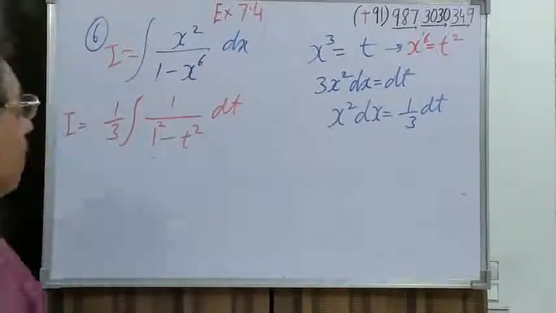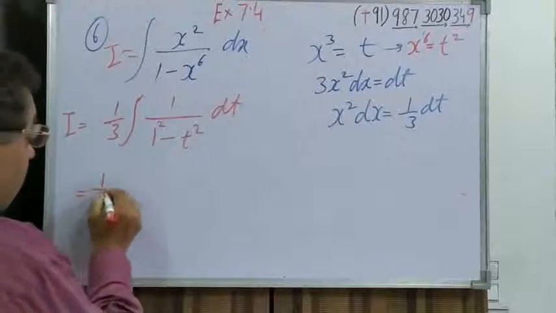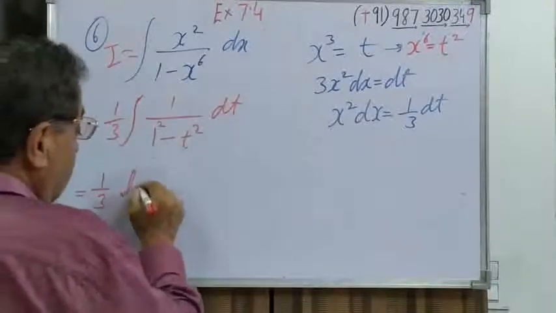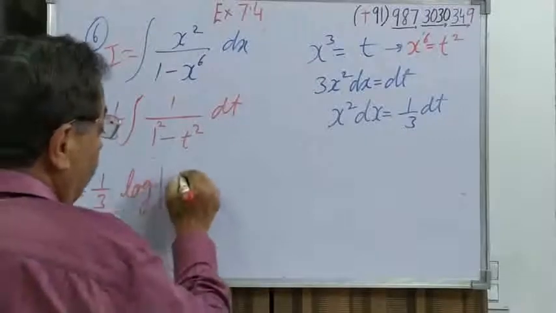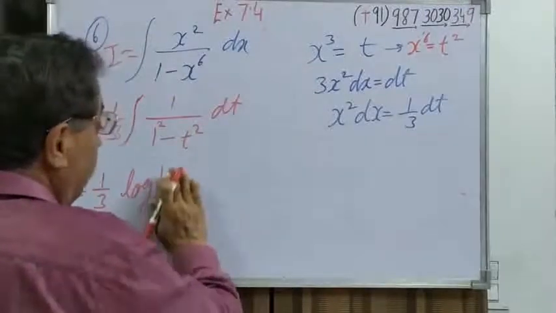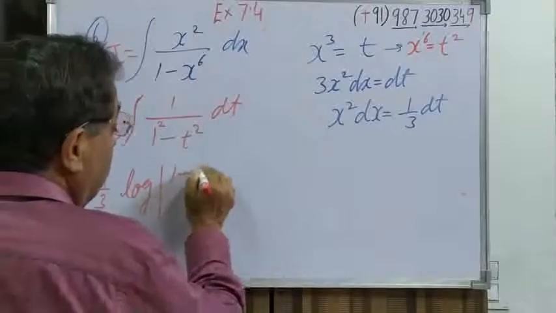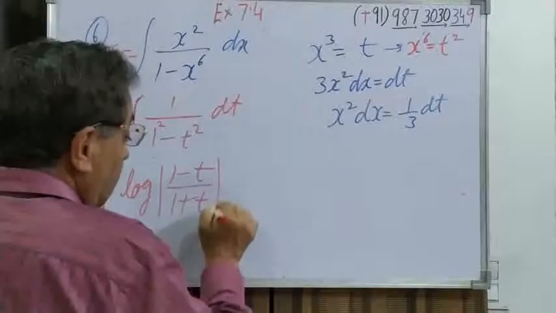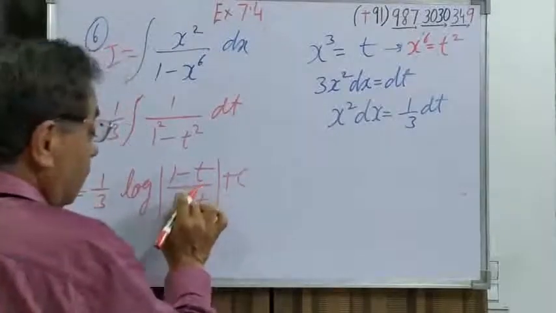Our second formula says whenever we have 1 upon a square minus x square, the answer would be log of, here, 1 minus t upon 1 plus t, plus c.